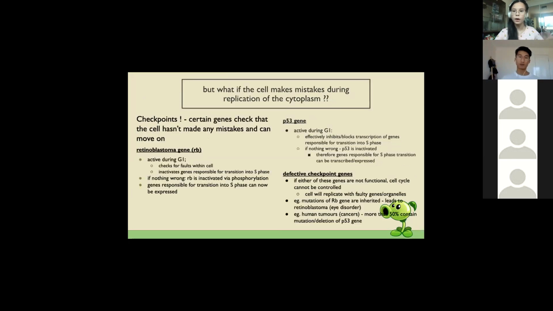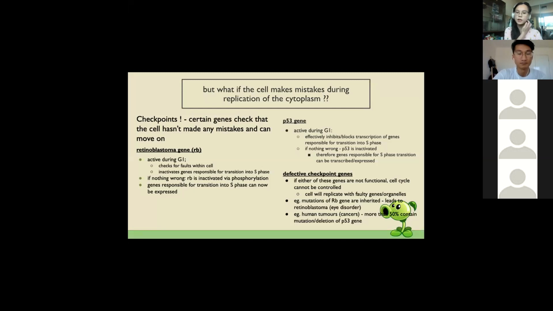Before the cell moves on to replication of the DNA, it wants to make sure that nothing's gone wrong in replicating the cytoplasm. It does this through two genes, the retinoblastoma gene, the RB gene, and the P53 gene. Both of these are active during G1, and while they're active, they check for faults within the cell. If there are faults, they inactivate genes that allow the cell to move on to S phase.